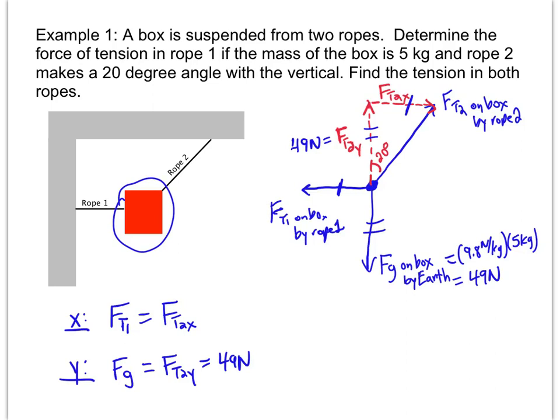So setting up our trig identity, we've got the adjacent, which is 49 newtons, over the hypotenuse, which is Ft2, is equal to cosine 20.